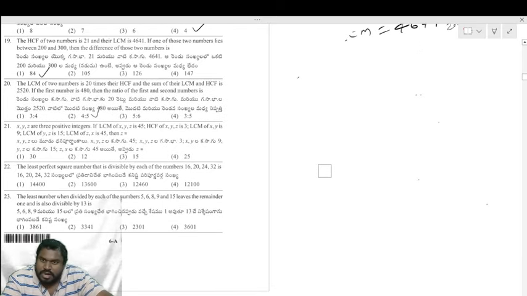Next question. x, y, z are three positive integers.